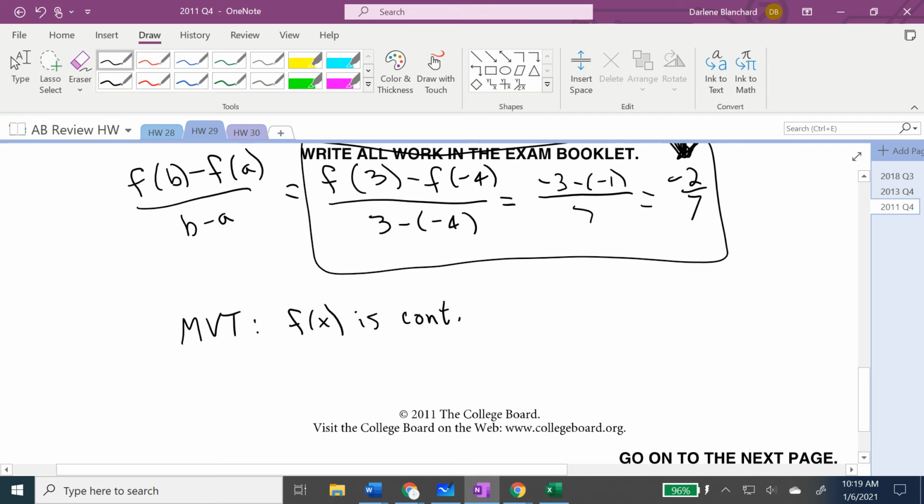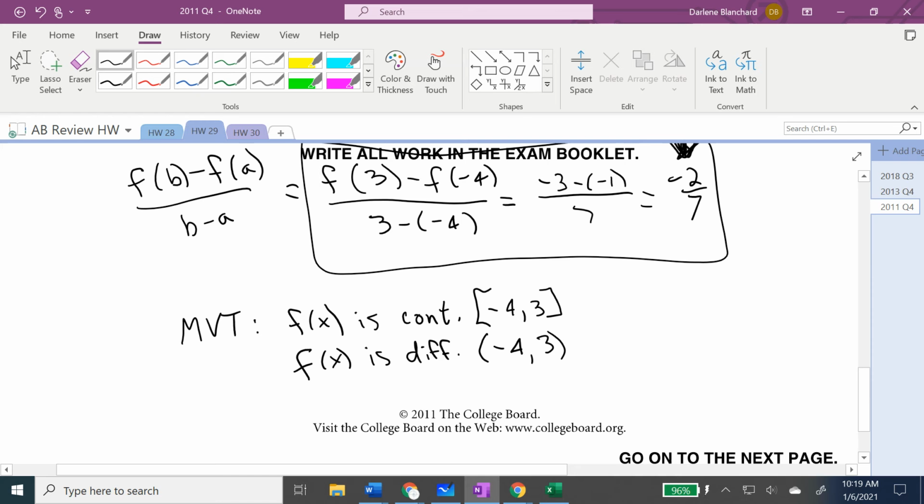It has to be continuous over the closed interval, and in this case, that would be -4 to 3. And the function has to be differentiable over the open interval from -4 to 3.